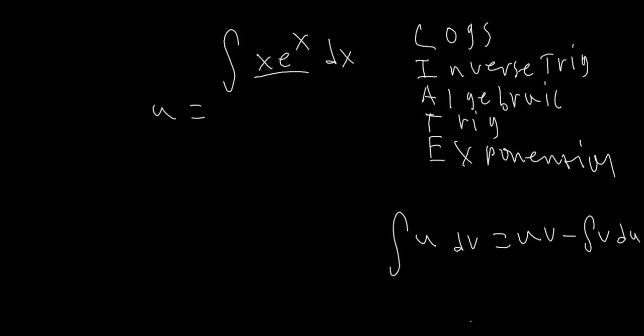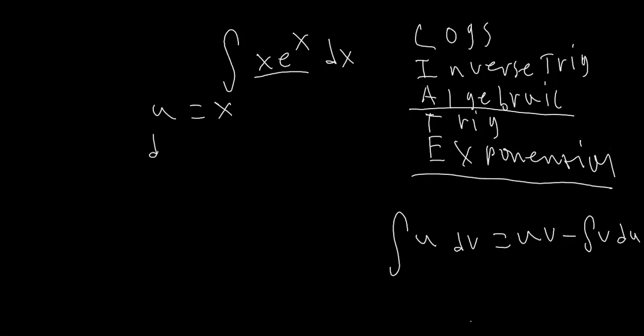U will be either x or e^x. Since x is algebraic and e^x is exponential, and since algebraic comes before exponential, u will be x. So it's whichever expression has precedence over the other.